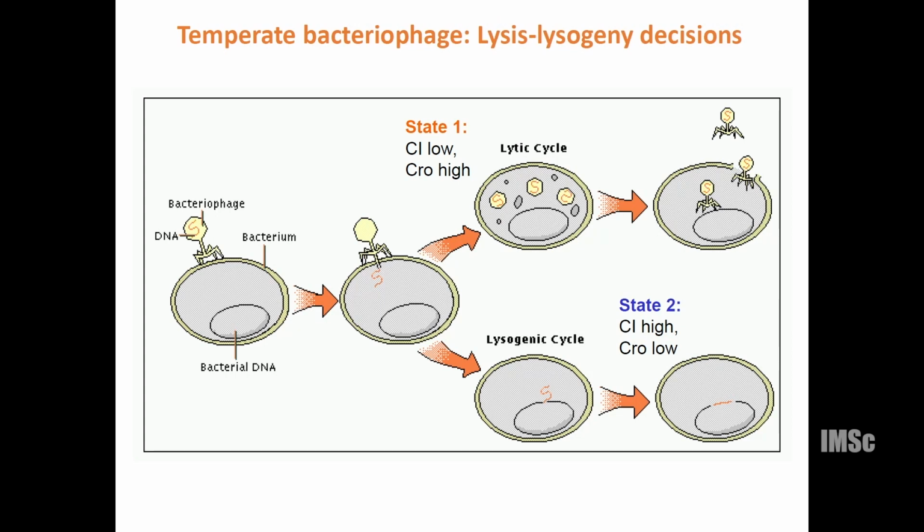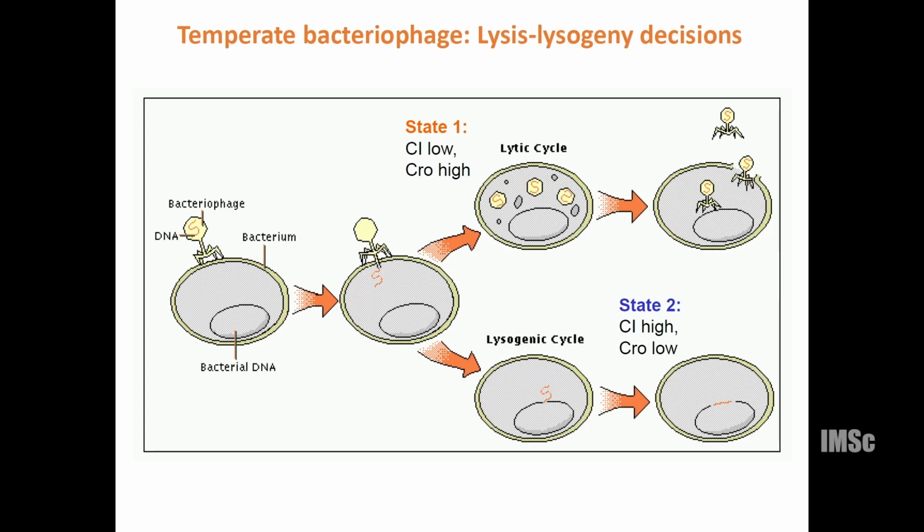Then the proteins get produced, and there is a competition between these two. So coming to the decision, you can imagine it has to do with whether C1 gets produced first or CRO gets produced first. Whichever manages to get the upper hand and suppress the other, that's the way the decision will go. I'll come back to this a little bit more if I have time.